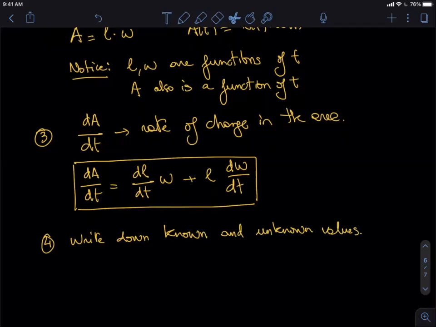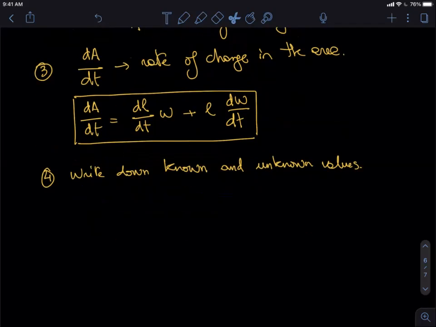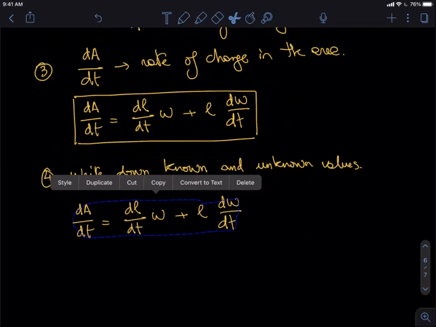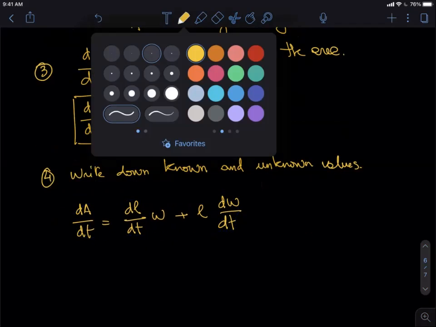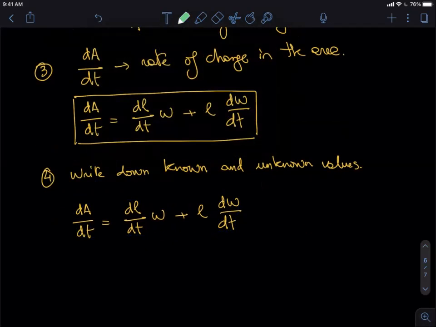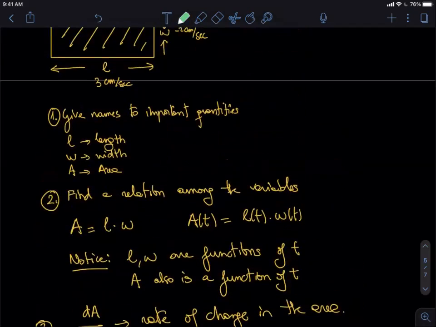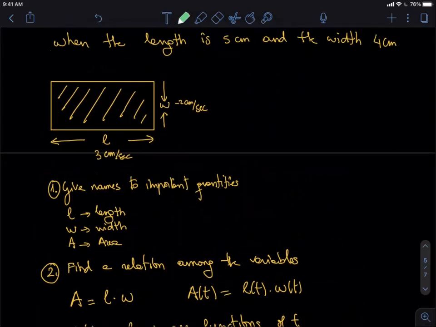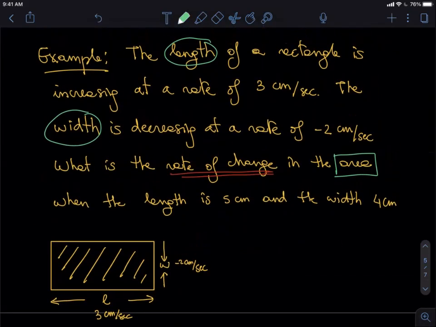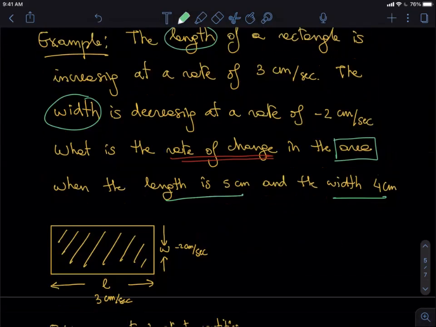Okay, so let me copy paste and let's see what we have and what we don't. All right, so the width, we have it, right? Yeah, it said that the length is 5 centimeters and the width is 4 centimeters.